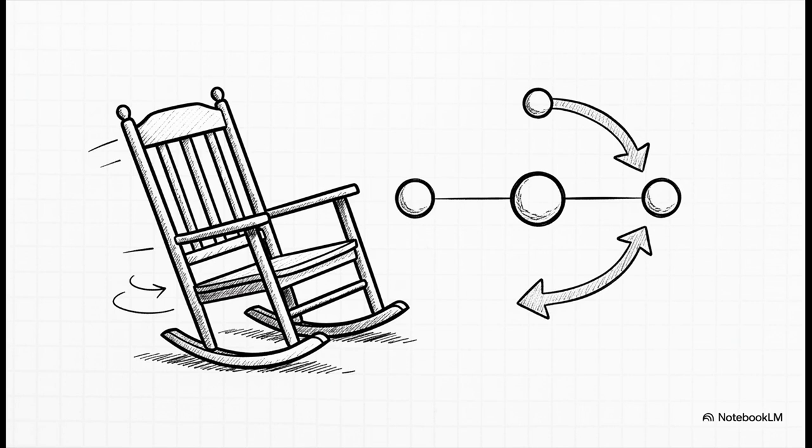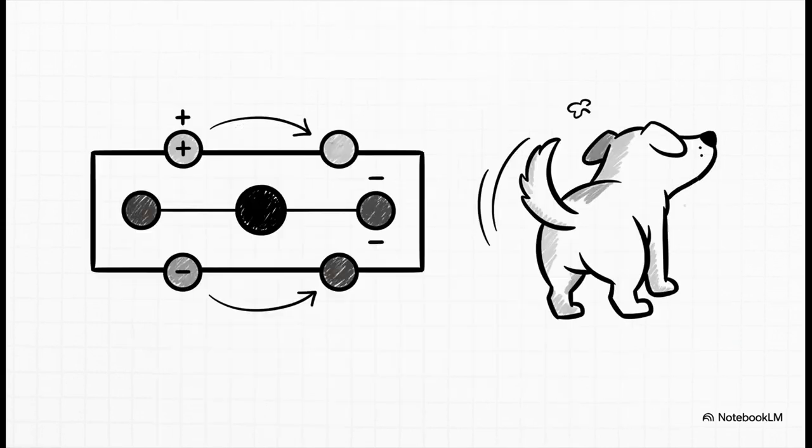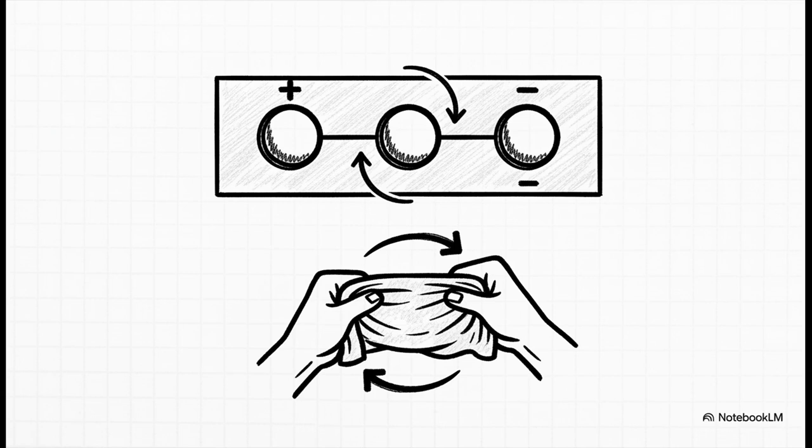Then there's rocking. Here, the atoms swing back and forth together in the same plane, kind of like a rocking chair just gliding smoothly on its runners. Next is wagging. In this one, the atoms move together, up and down, or forward and back, but they're moving out of the plane. The best way to picture it is like a hand waving goodbye. And finally, we have twisting.